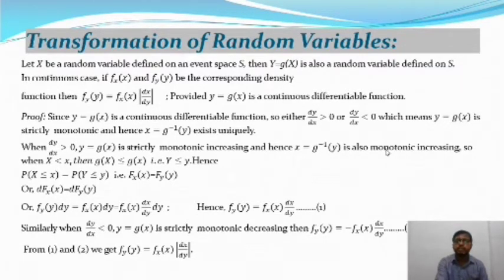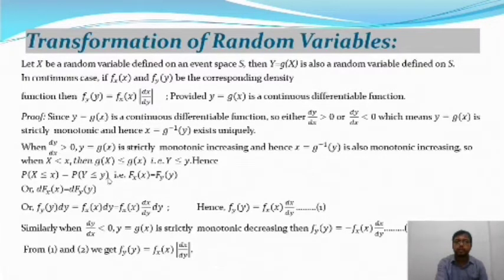So when capital X is less than small x, from this we get g of X is less than or equal to g of small x, where g is a monotonic increasing function, that is Y is less than or equal to small y. Hence the probability of X less than or equal to small x is equal to the probability of Y less than or equal to small y.